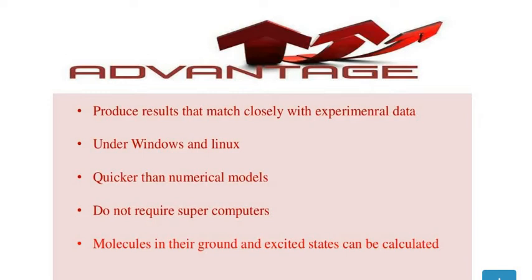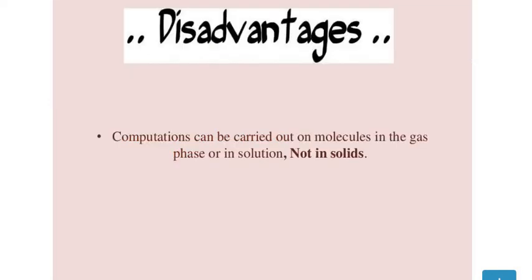Under Windows and Linux, which are commonly used, quicker than numerical models, does not require supercomputers, molecules in their ground and excited state can be calculated. So I already told you, always some methods have the disadvantage. Computations can be carried out on molecules in the gas phase or in solution, not in solid. This is the limitation.